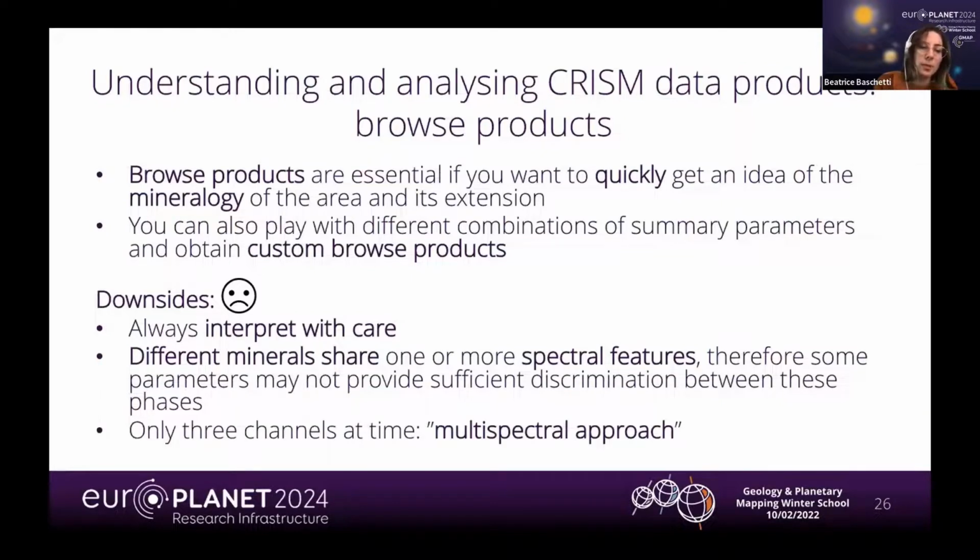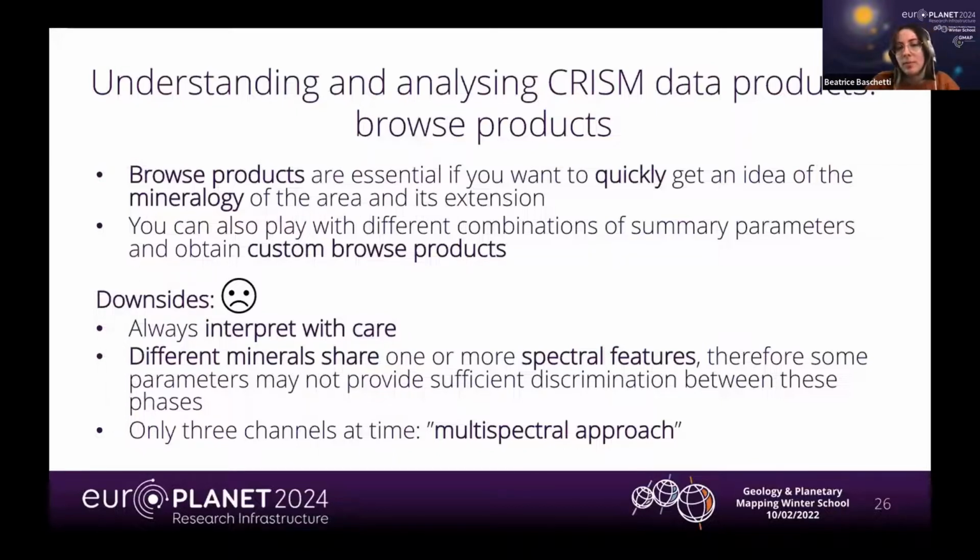And another thing is that gross products are good to simplify complex data like that of CRISM, but we're actually using only 3 channels at a time. So we are combining 3 different spectral characteristics, but we are not taking advantage of the whole spectrum. So this is what I've called a multispectral approach on hyperspectral data.